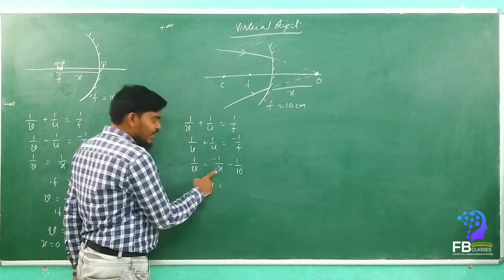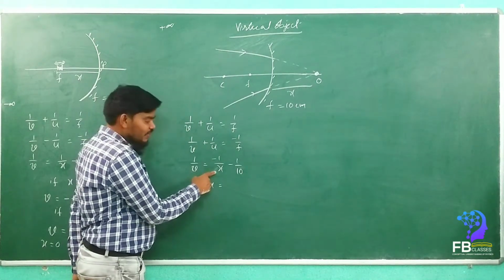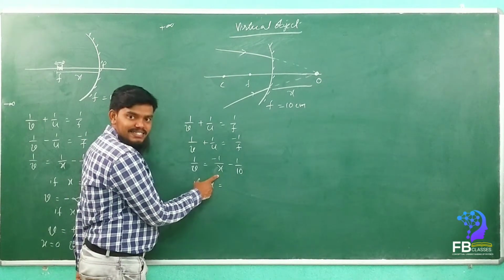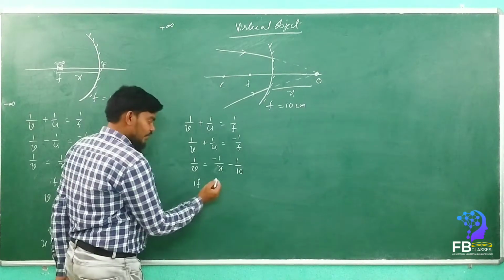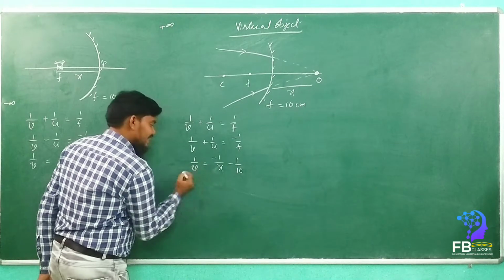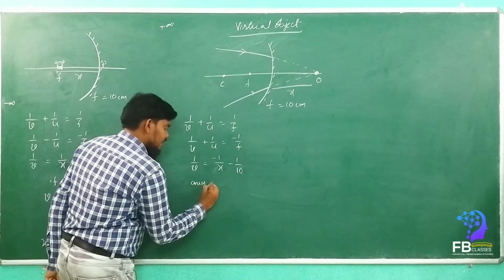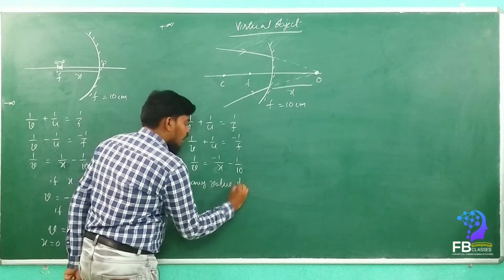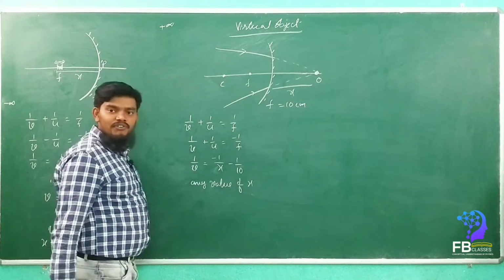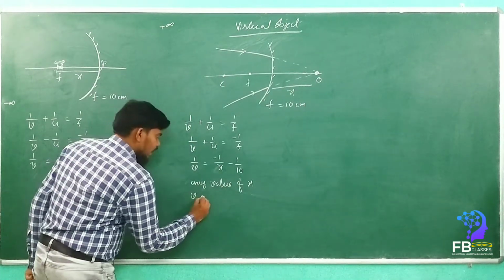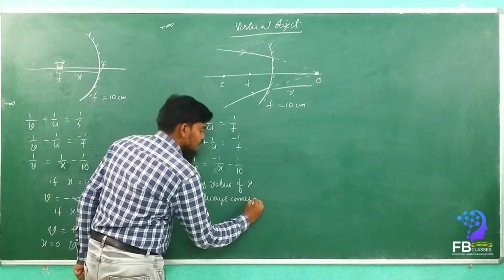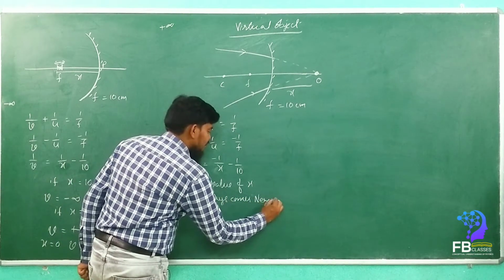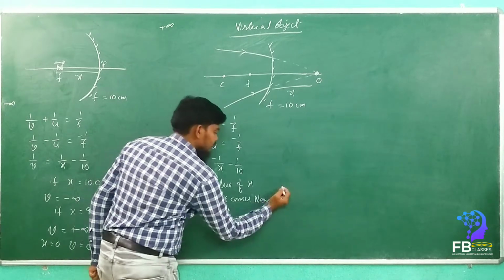So whatever value of x you keep here, all the values will come in the minus only. Yes or no? Any value of x, v always comes negative. Yes or no? Yes, sir.